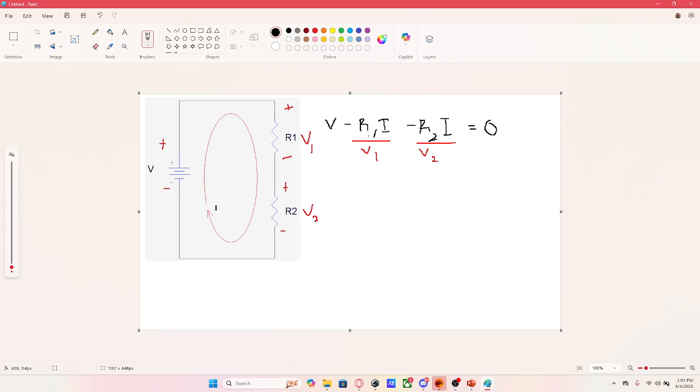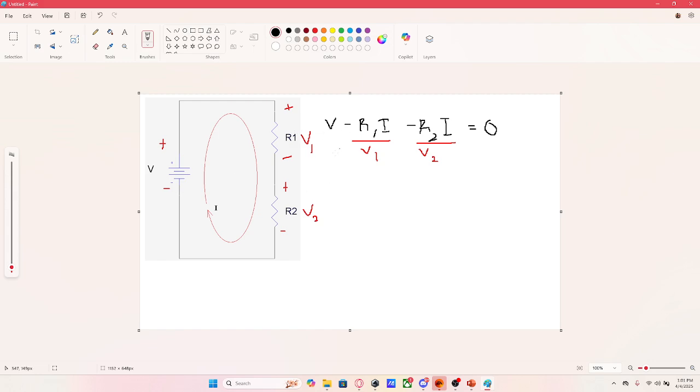Here is how we would find the value using KVL, Kirchhoff's voltage law.